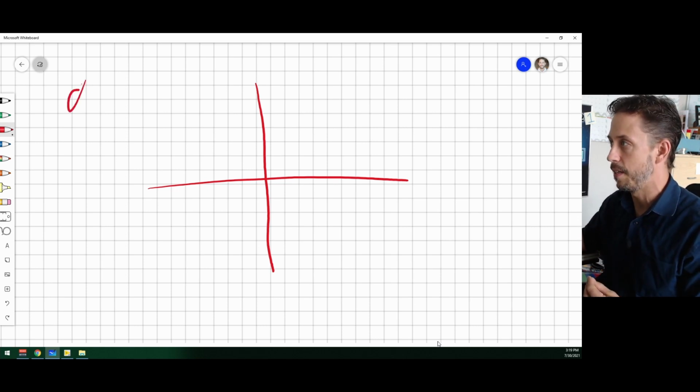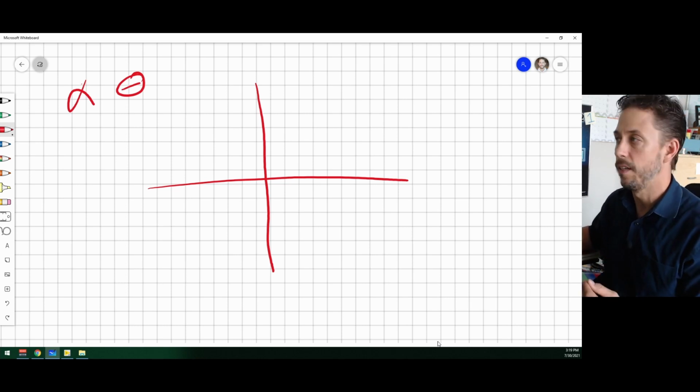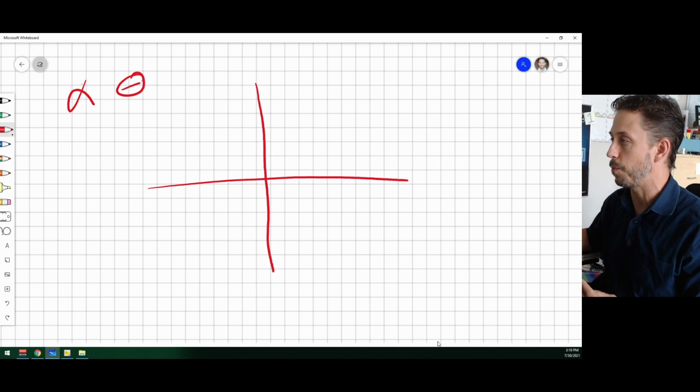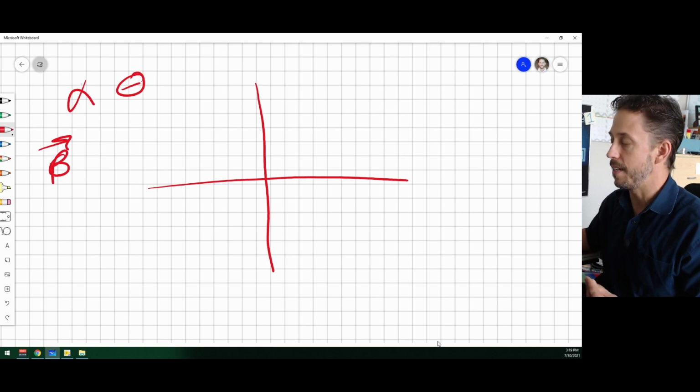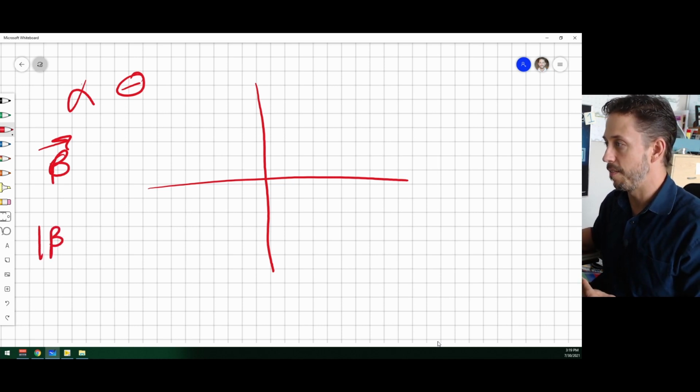We can represent the amplitude, I'll put here as alpha, and we can also represent the phase, I'll put here as theta. Sometimes vectors are drawn, in this case we'll call it the beta vector. The magnitude of the beta vector, in this case, equals alpha.